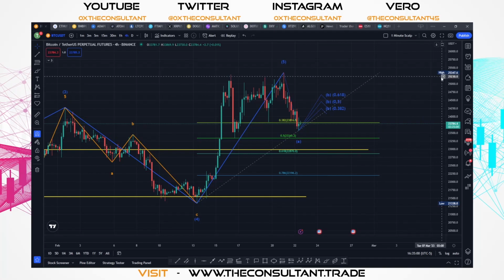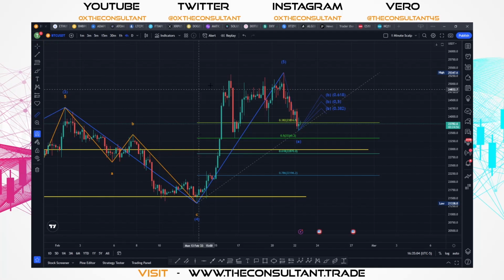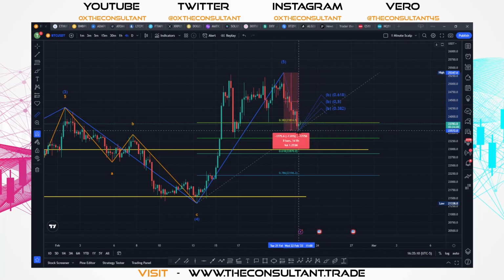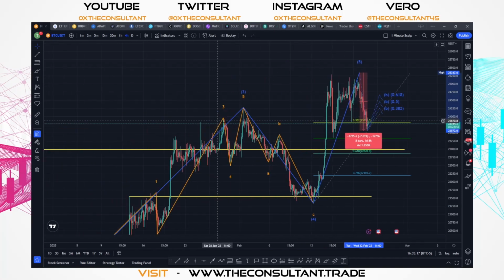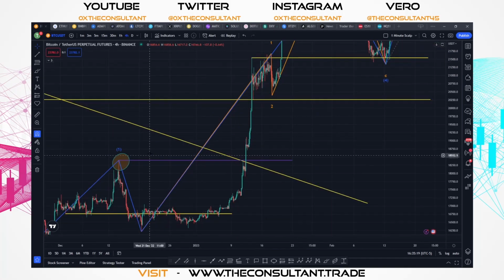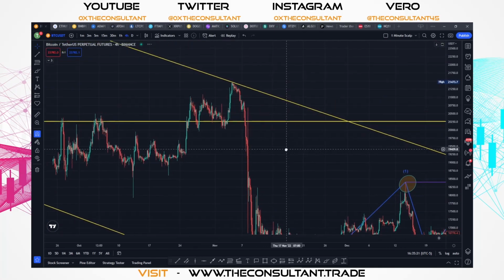If you look at this, it's not even $2,000. If we use our measure tool from the recent higher high and go down, that's 7%, $1,700.